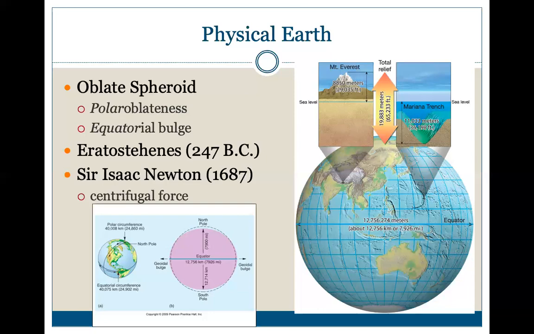However, these early scholars didn't understand why the Earth would be thicker in the middle than from pole to pole. It wasn't until Isaac Newton came along centuries later and he learned about the force of gravity and then the centrifugal force. So the Earth is in its constant spin like this, and then the Earth is not just a solid rock.